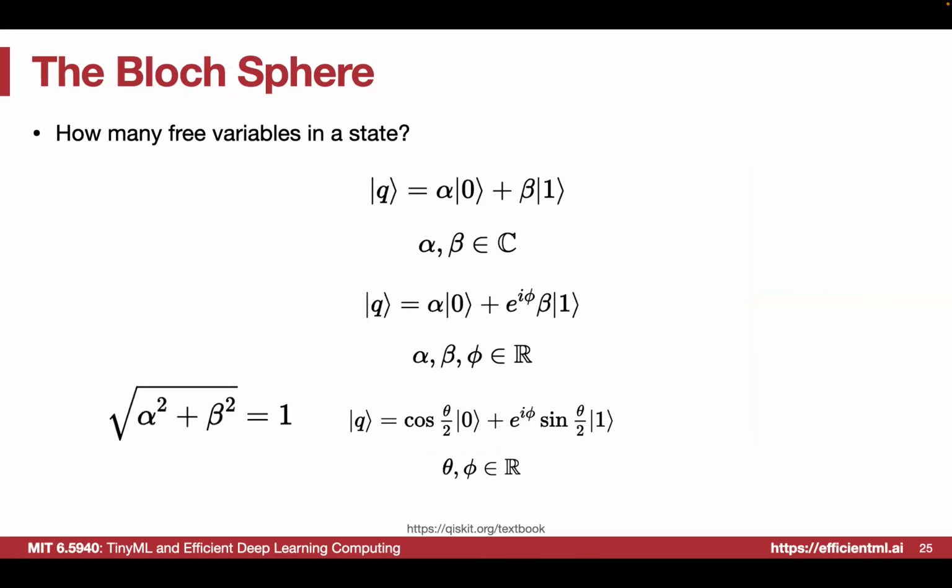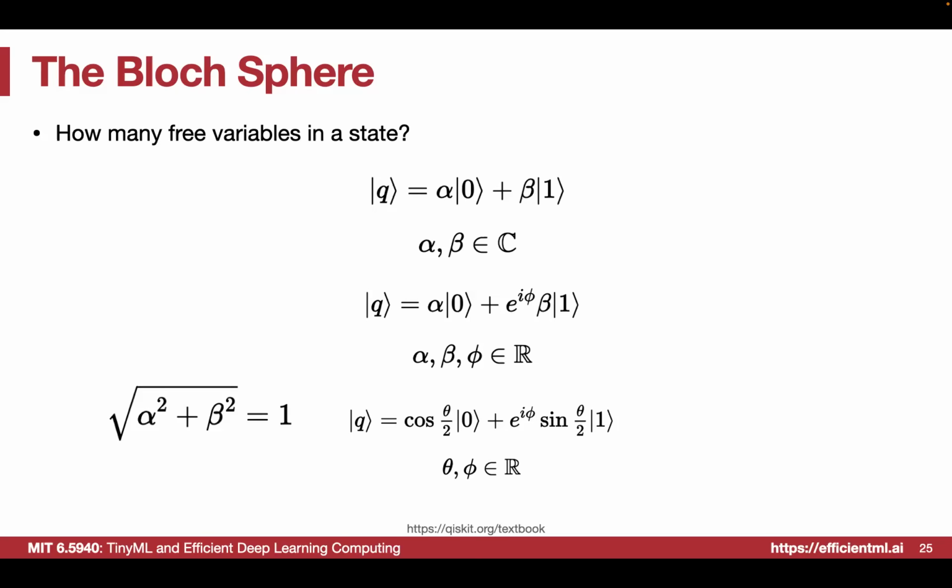Okay, so another interesting thing that we can use in quantum computing is called a Bloch sphere, and it is also very intuitive for us to understand the previous state, right? For example, we have two free variables in the system right now, which are alpha and beta. And we already know that they are complex values, right?